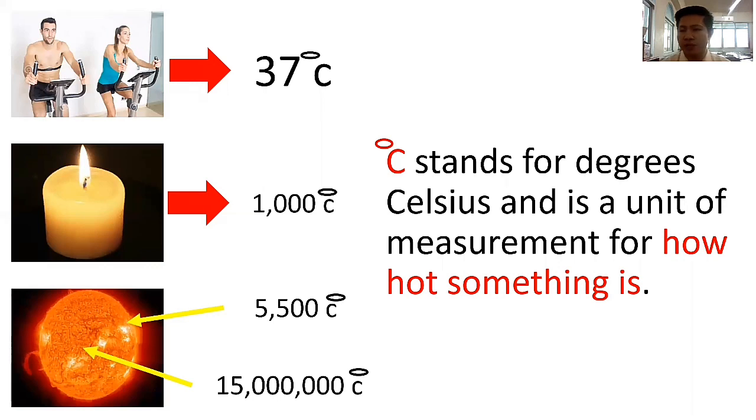Let's remember that our body has 37 degrees Celsius, that is the normal temperature. And a candle has 1000 degrees Celsius, and the sun at the surface has 5500 degrees Celsius, and at the center has 15 million degrees Celsius.